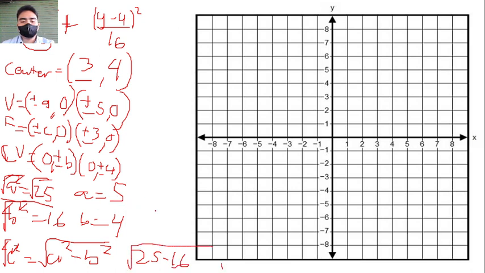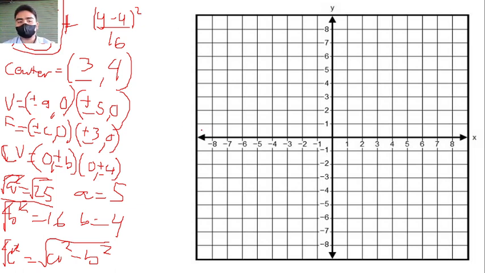So the value is radical of 9. And what's the square root of 9? It is 3. So we have the value of c, which is 3. So we are going to input 3 at the x-intercept as well. Why? Because the principal axis is the x-axis, okay.